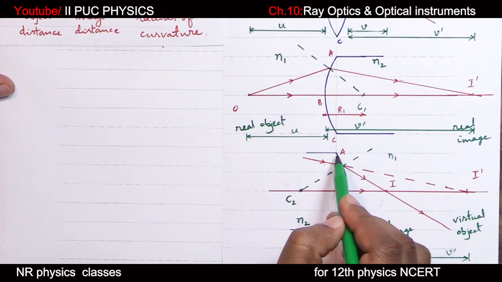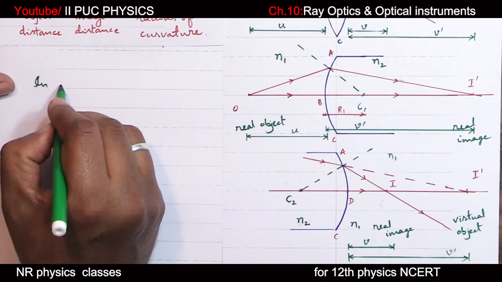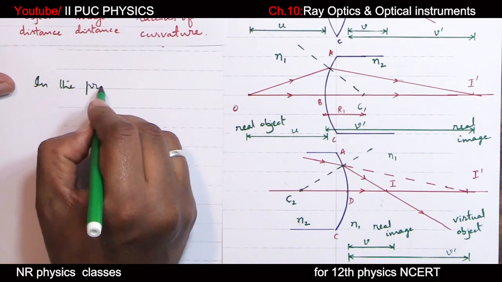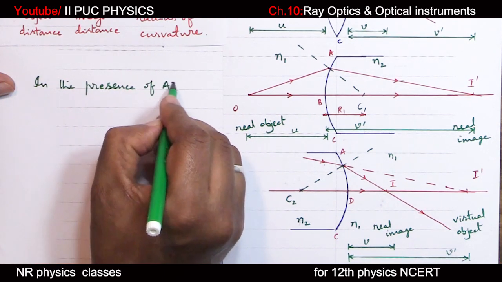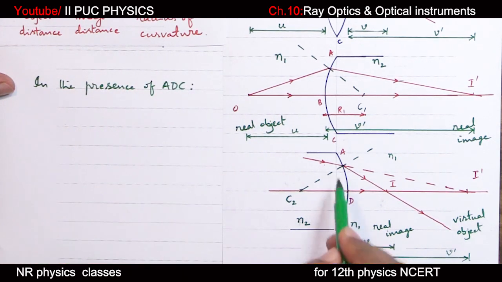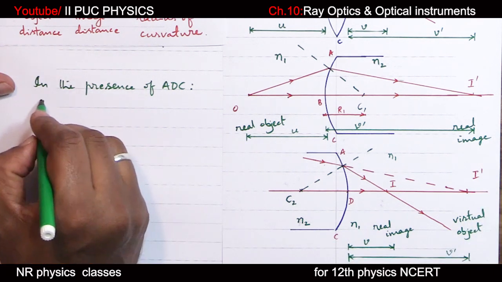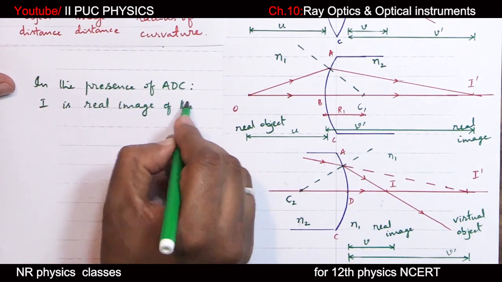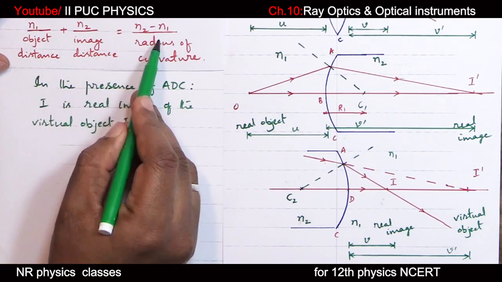Now, in the presence of ADC, I is the real image of the virtual object I dash. Here also, let us use the same formula.